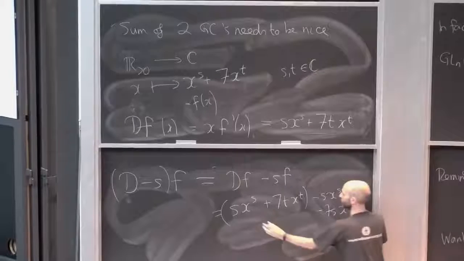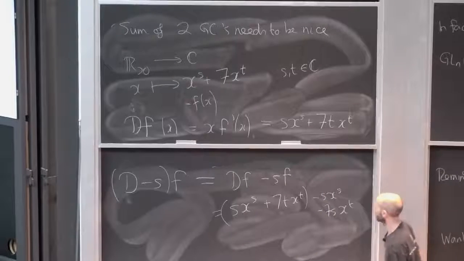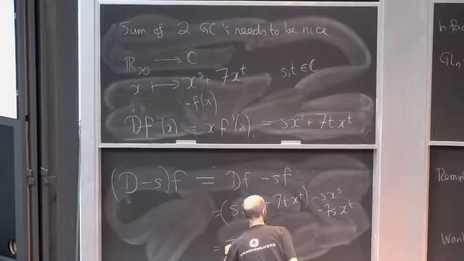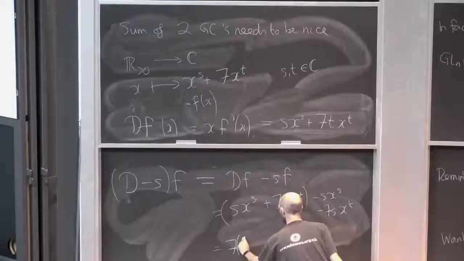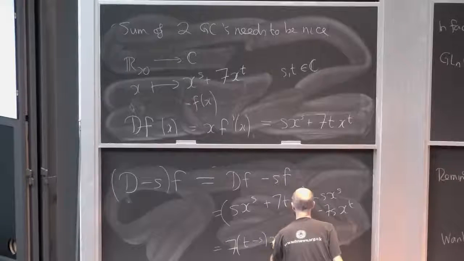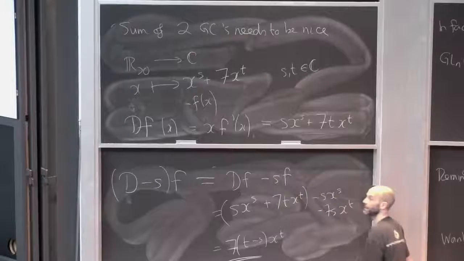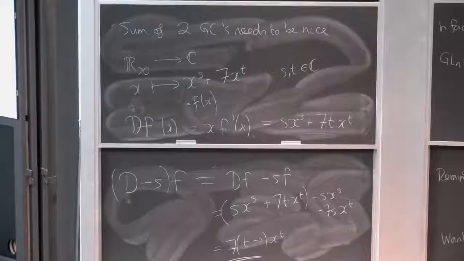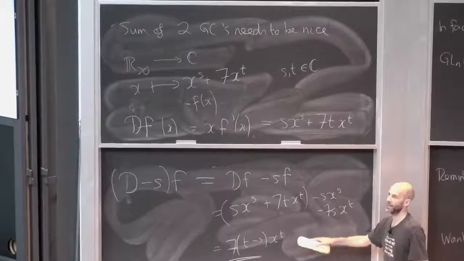So something cancels. The s terms cancel. So this is 7 times t minus s times x to the t. So t and s are constants, right? So this is some constant times x to the t.